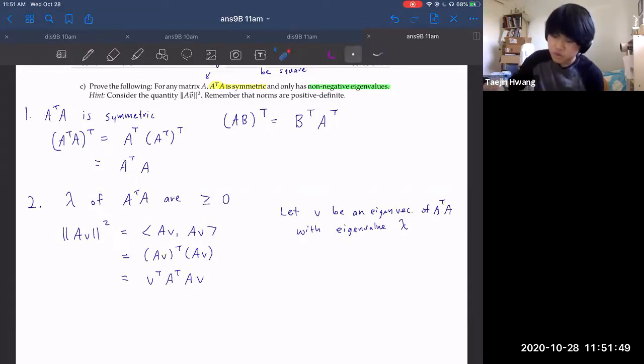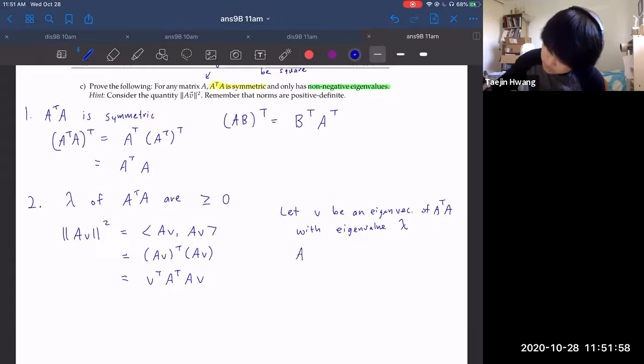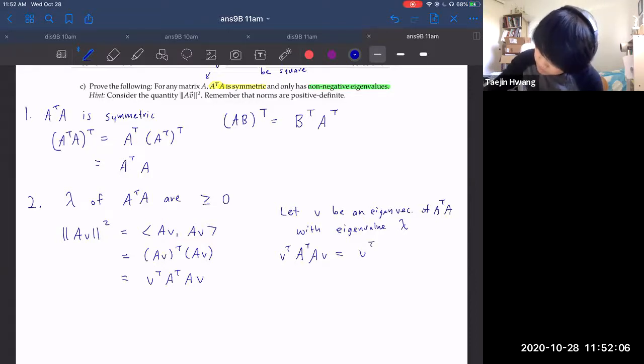So if we let V be an eigenvector of A transpose A with eigenvalue lambda, this tells us that A transpose AV is equal to lambda V. So V transpose A transpose AV is equal to V transpose times lambda V, and this is equal to lambda times V transpose V, which is just lambda times the norm of V squared.